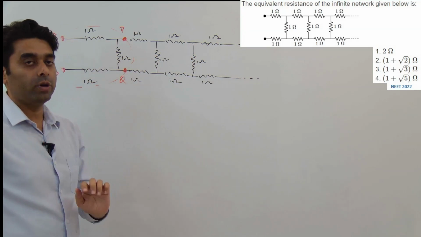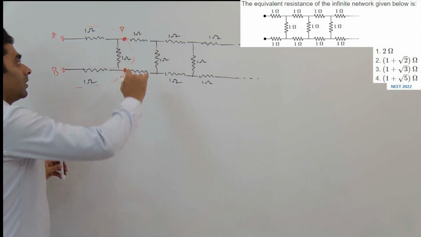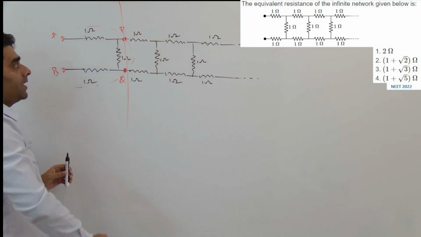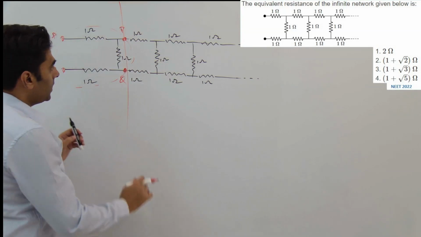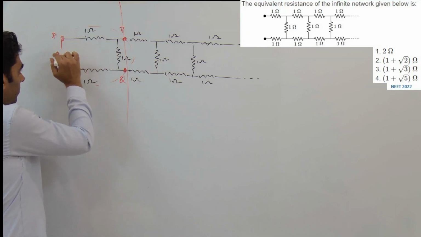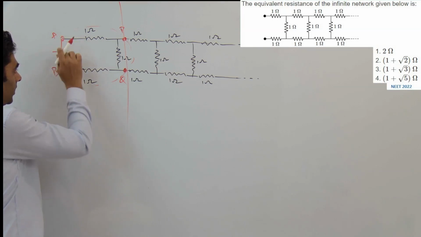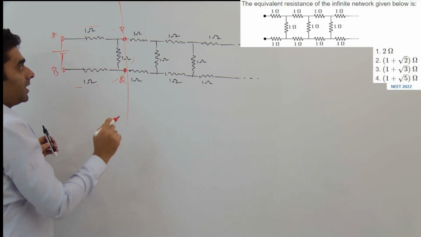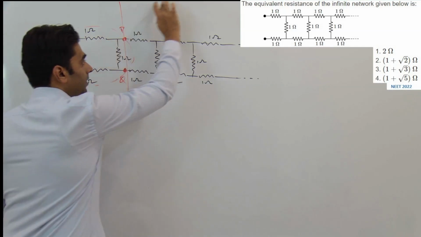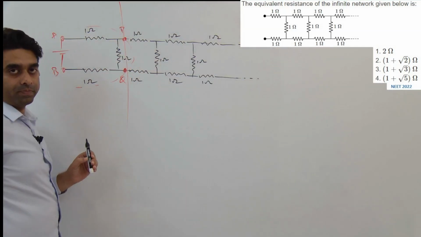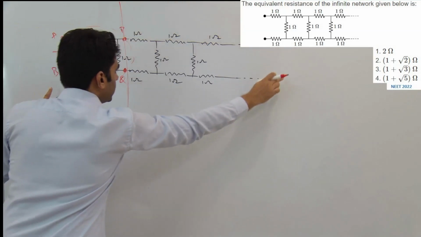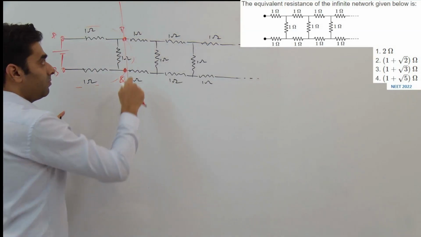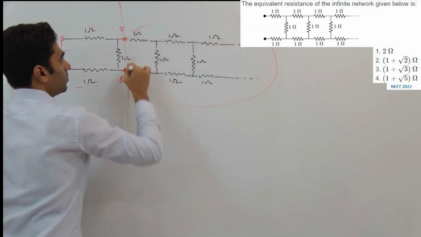So what we do is, let's say if we cut it from here, whatever will be the R equivalent between A and B over here, if we connect a cell over here, let's suppose, whatever is the R equivalent between A and B, the same R equivalent will be for this whole thing also. And for this whole, whatever is the R equivalent, the same R equivalent will come for this whole part also.